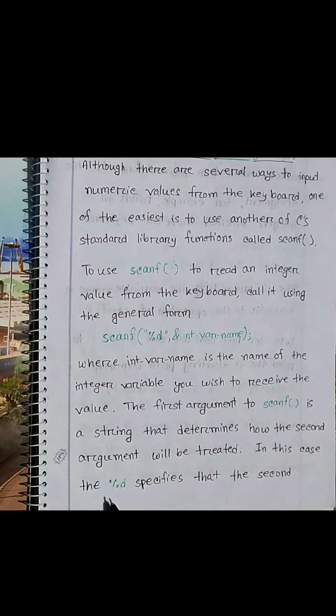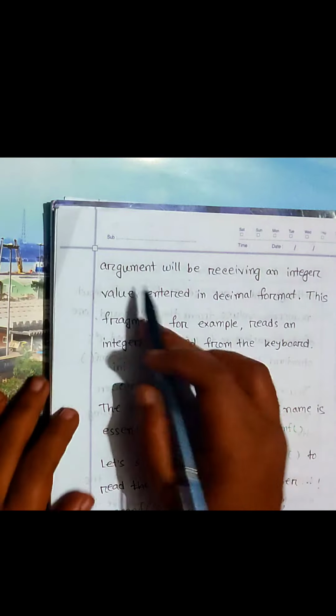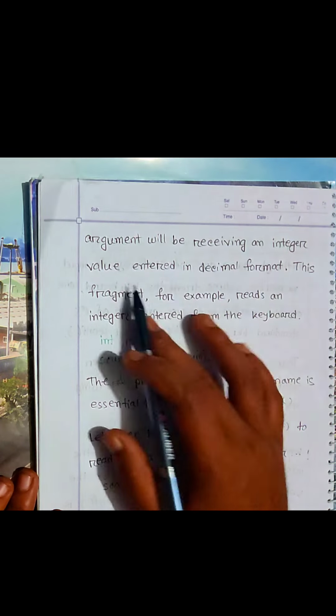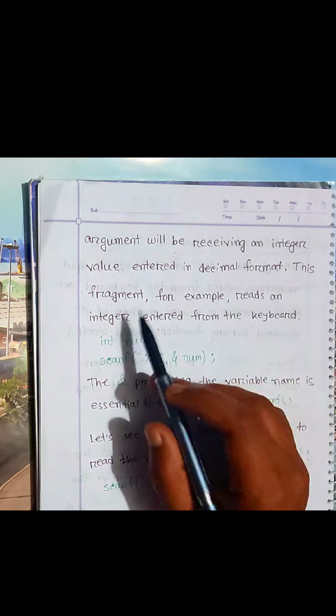In this case, the %d specifies that the second argument will be receiving an integer value entered in decimal format.